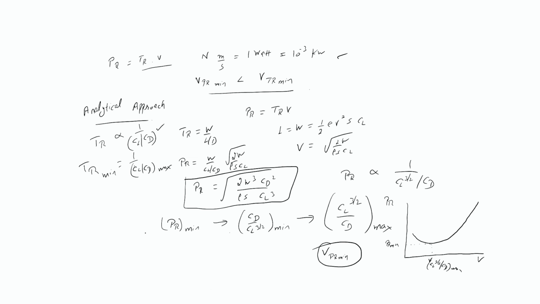These look like similar expressions, but they are different expressions that hold for power required minimum. So here again power required first decreases as the velocity increases, becomes minimum, and then again starts increasing. This curve looks similar to the thrust required curve, but it is not exactly the same. So power required minimum is applicable when CL power 3 by 2 by CD is maximum.